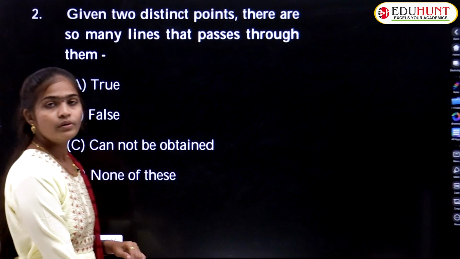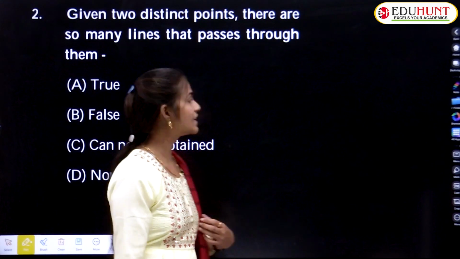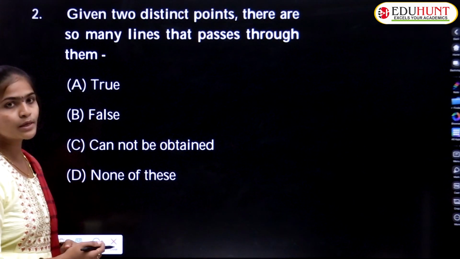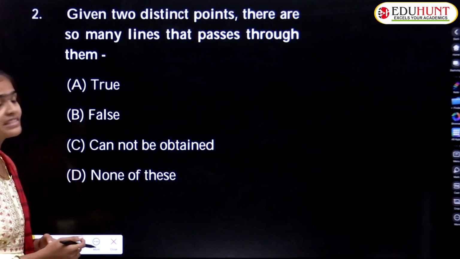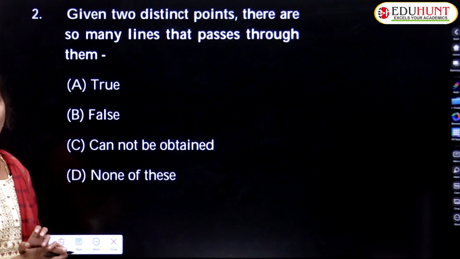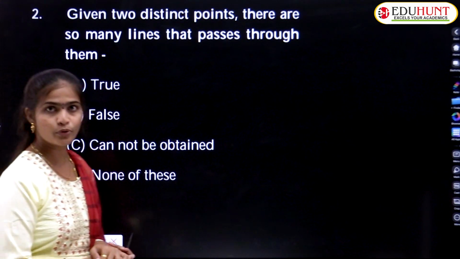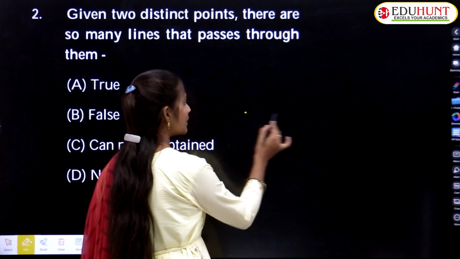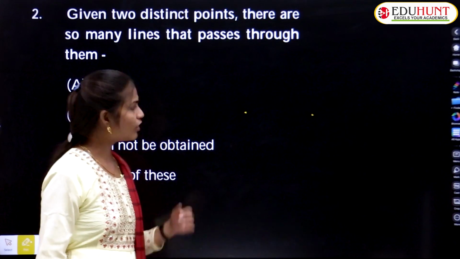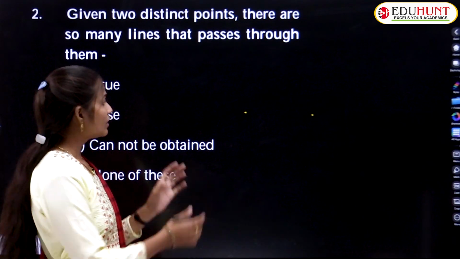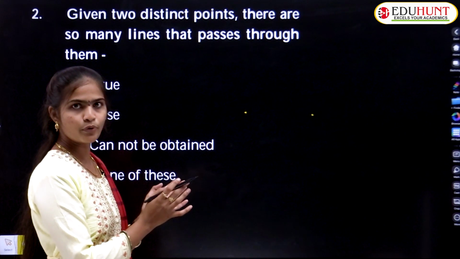Okay, let us see the second question. Given two distinct points, there are so many lines passing through them. What is the statement they gave? Given two distinct points, which means I am taking 2 points on the plane. Here these are two distinct points.